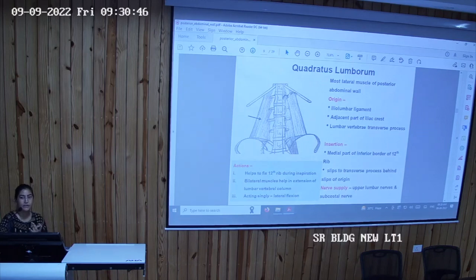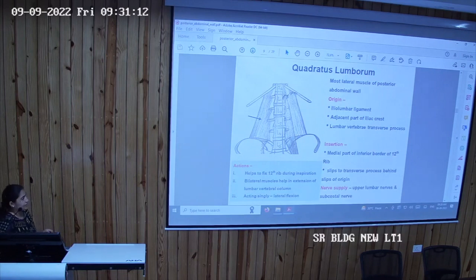Bilateral contraction of the psoas major was causing the flexion, forward bending, and the bilateral contraction of the quadratus lumborum is causing the extension of the spine. And if they act singly, that means on the right side and the left side separately, then they will cause the lateral flexion of the lumbar vertebra.